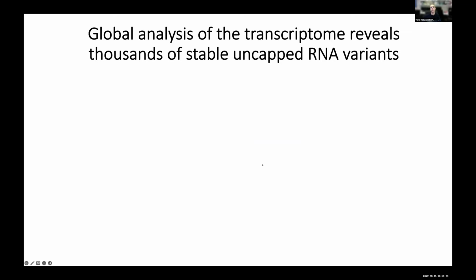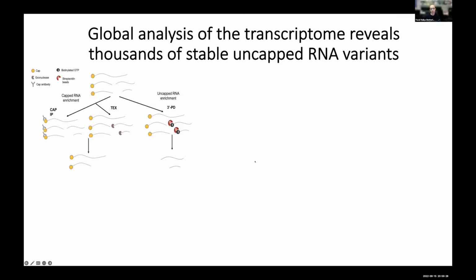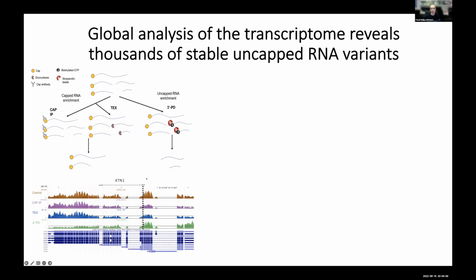So we decided to take this observation several steps forward and do it on a transcriptome level. Based on the distinctive molecular characteristics of the uncapped and capped RNA fragments, we were able to isolate the capped RNA by cap IP, or by exonuclease treatment called TEX to degrade the uncapped RNA, thereby enriching the capped RNA, or by 3' pull-down of the uncapped RNA using an in vitro capping system with biotinylated GTP.